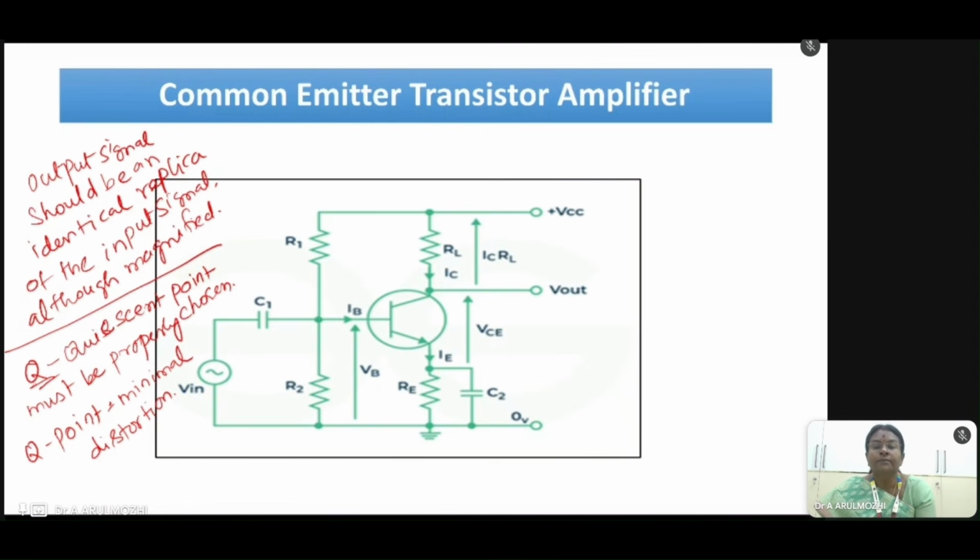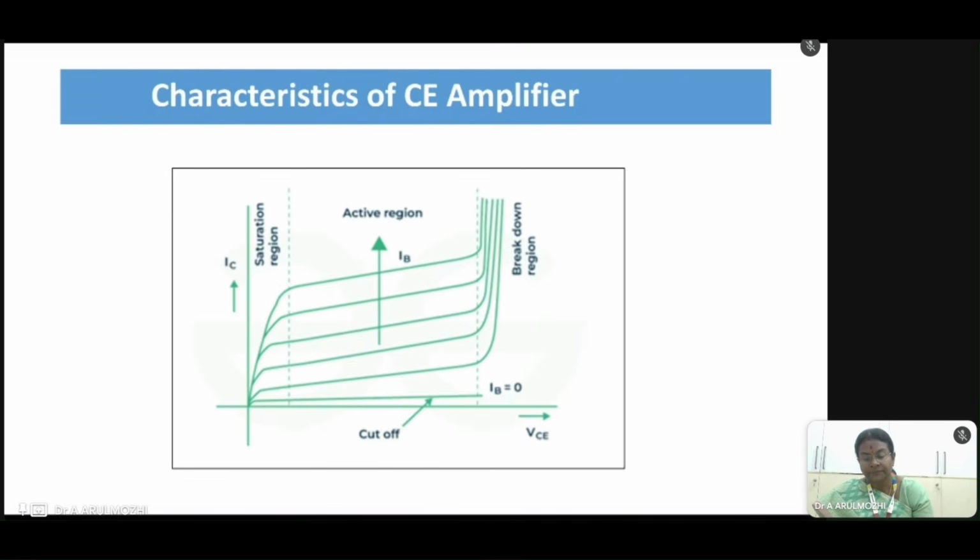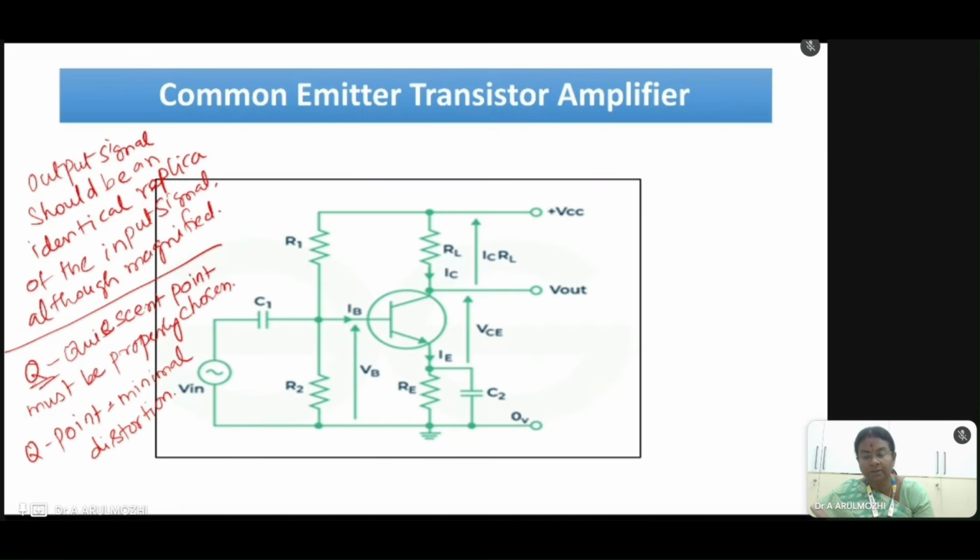So this is the thing we have to keep in mind while operating the transistor as an amplifier. In order to provide a class A type amplifier, the ideal location for the Q point is very close to the load line center.